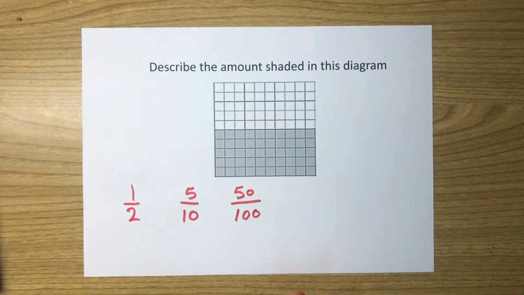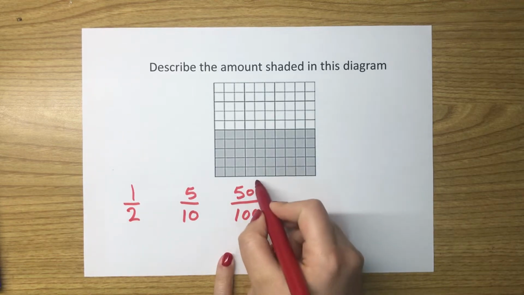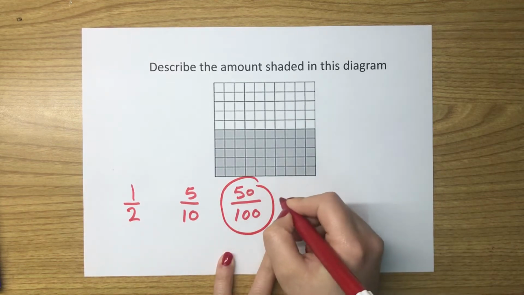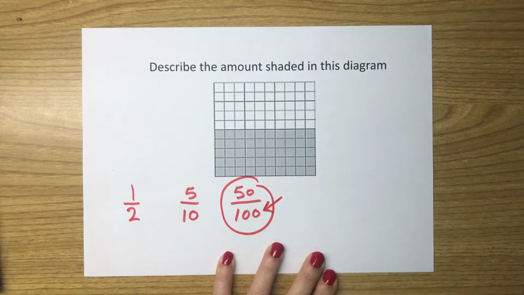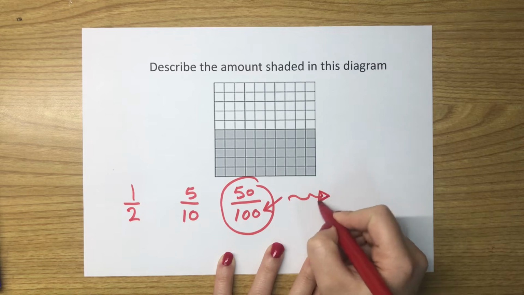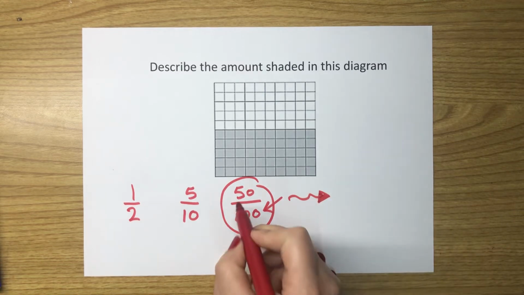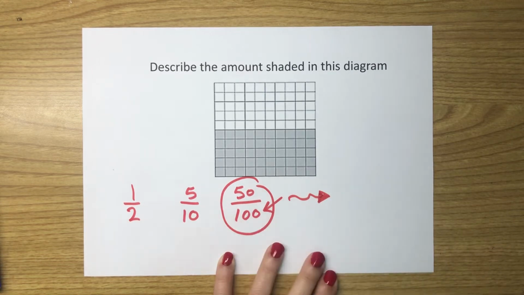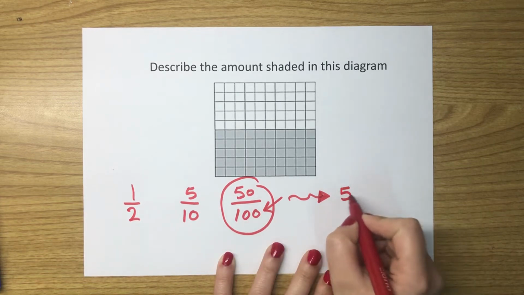And I just explained moments earlier that when you have a fraction out of 100, you can change it into a percentage. So 50 has been shaded out of 100, so the percentage for this one equals 50%.